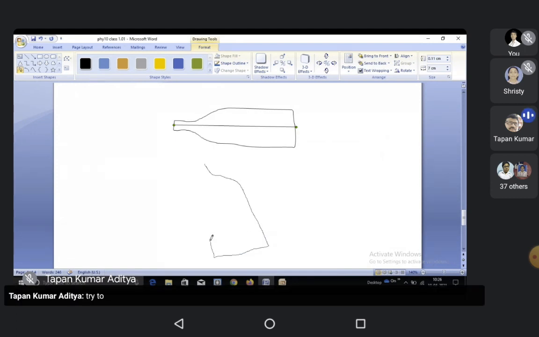Try to bear with the diagram. I have tilted the bottle. In this case, the water will lie like this.